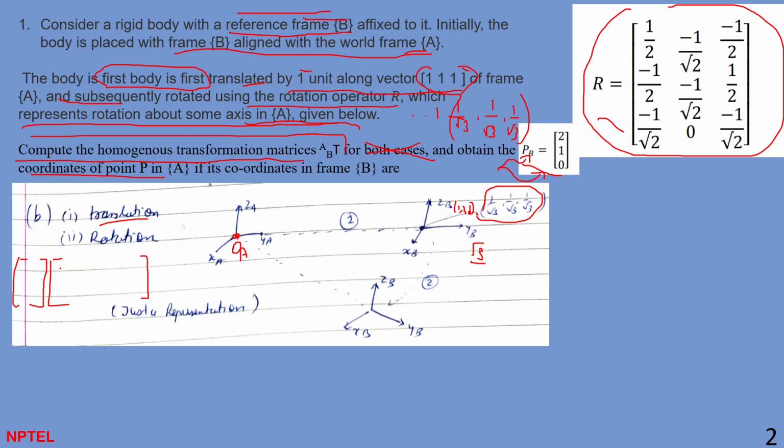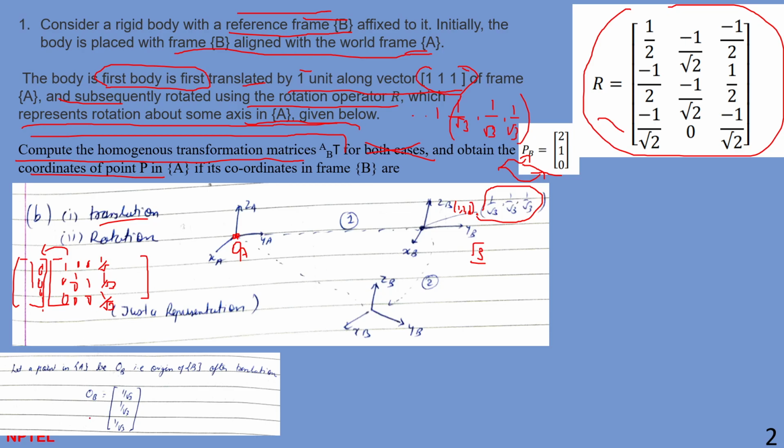What we can do here is first do a translation, then a rotation. The translation would look something like this, with 1 by root 3 in the translation part, and you need to pre-multiply with your rotation matrix. This will be a rotation matrix, and there won't be any translation in it. This is one way to do it.